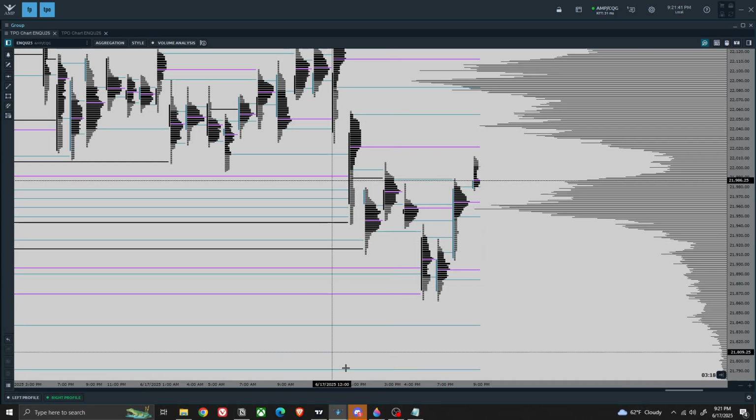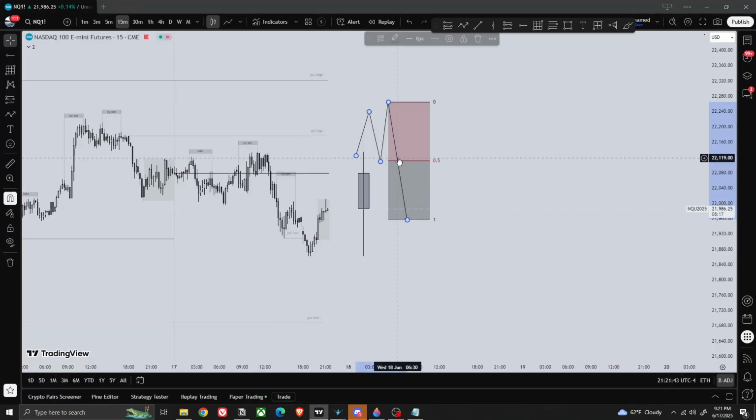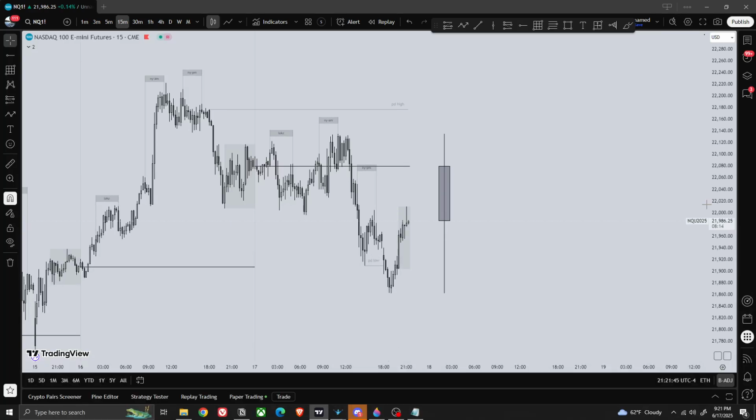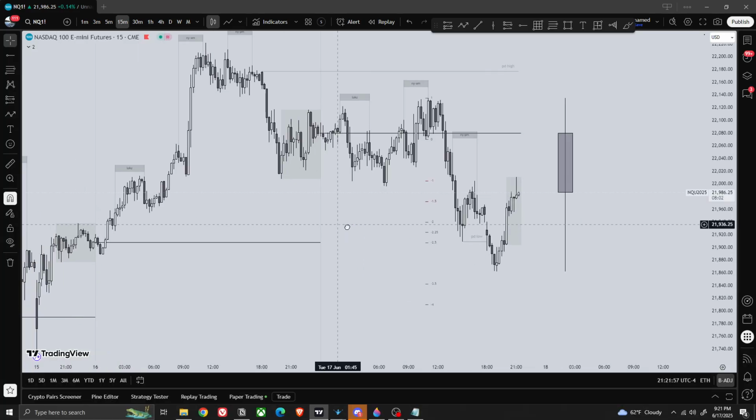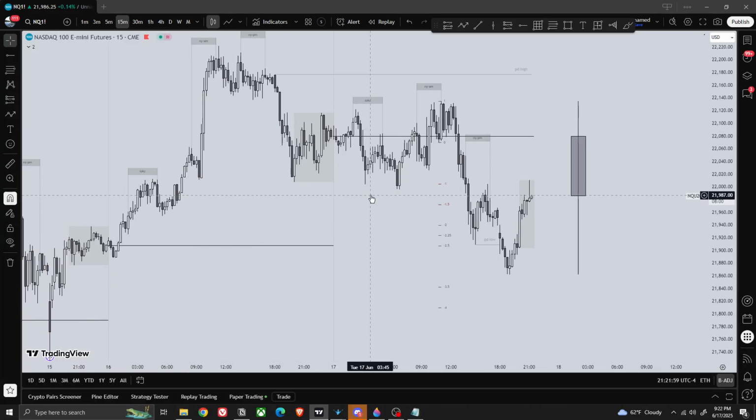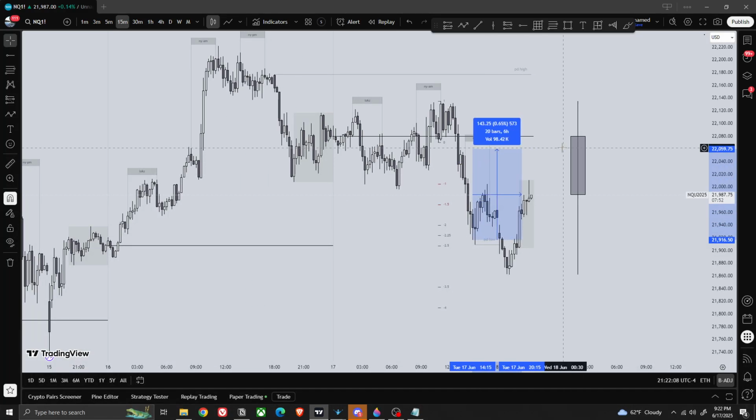Basically how you could use it is if you already have a model, and I could show you mine from today, which uses standard deviations. You can see we just chopped all day, but in the end we had this expansion lower. If you align your standard deviation or whatever model that you trade, you could see if there's a single print or an unmitigated point of control, and price could react off of it.